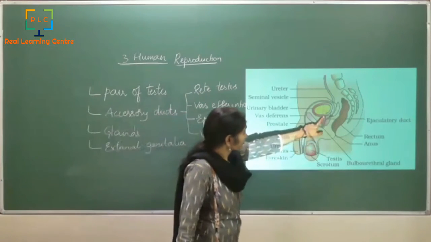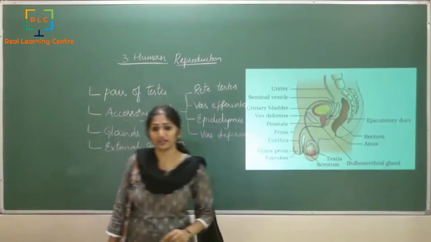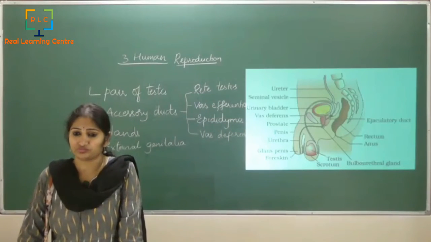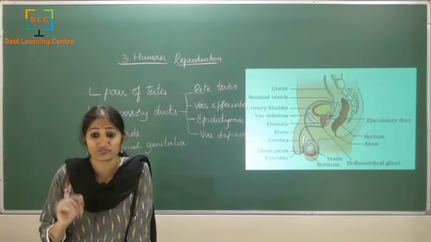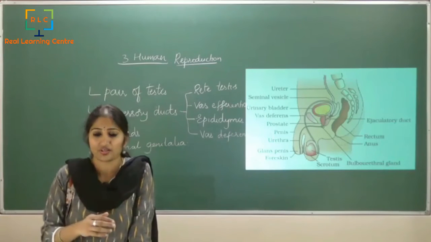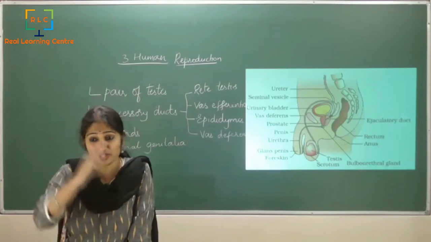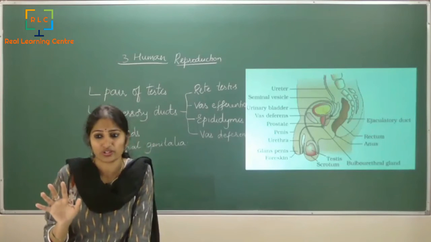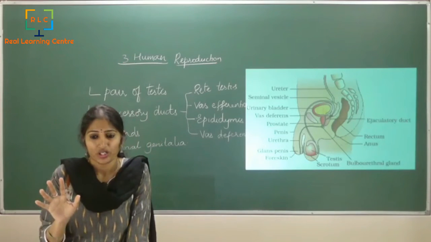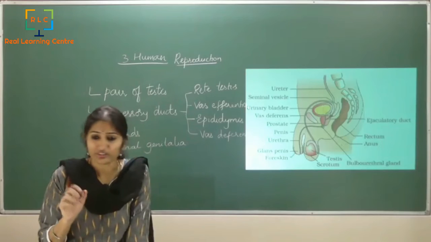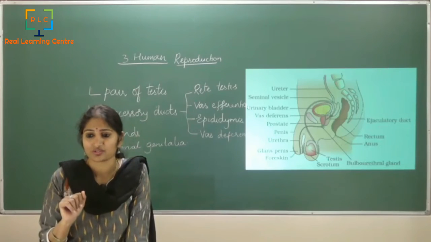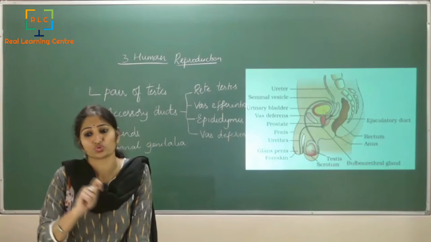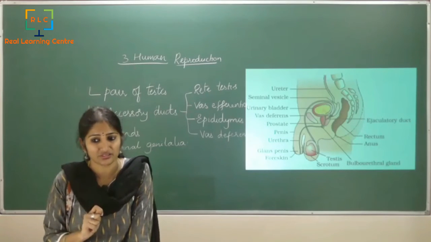Then you see that the sperms which are formed from the germ cells, which have traveled till that ejaculatory duct, are all stored in that region. They are stored there for some time, and then they come out through the urethra itself.